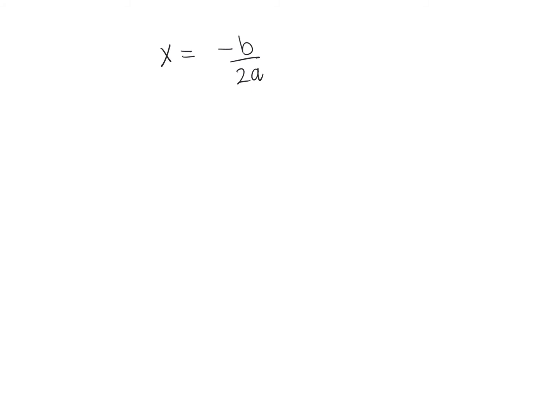In every quadratic, ax squared plus bx plus c, the axis of symmetry is minus b over 2a. Oh yeah, that makes sense.